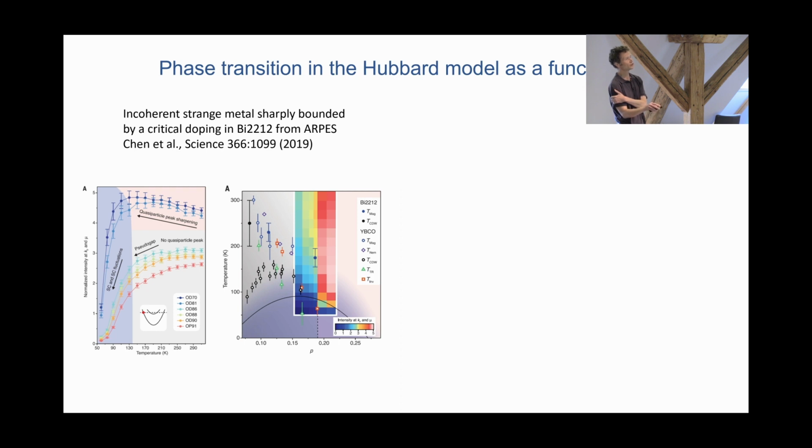So for example, when they look at the quasi-particle weight, how well the electrons look like quasi-particles in a conventional weakly interacting Fermi gas, this weight goes up, which is what you expect in the Fermi liquid state. But in the underdoped regime, the quasi-particle weight is suppressed as we lower the temperature. And this is just one of the indications.